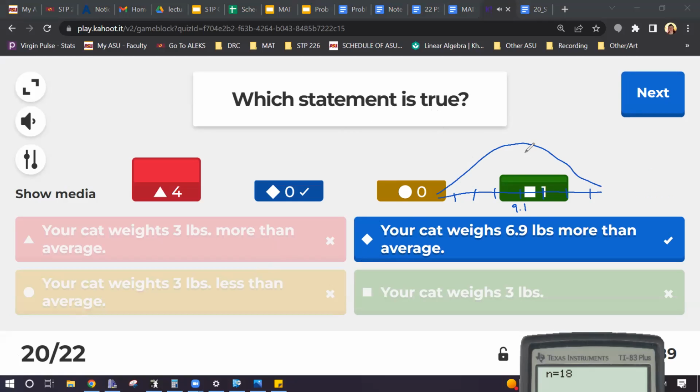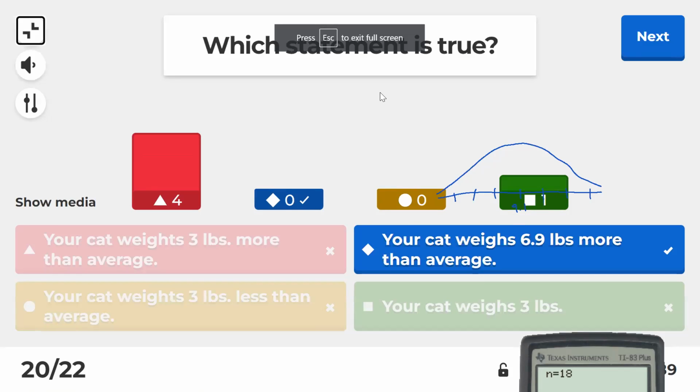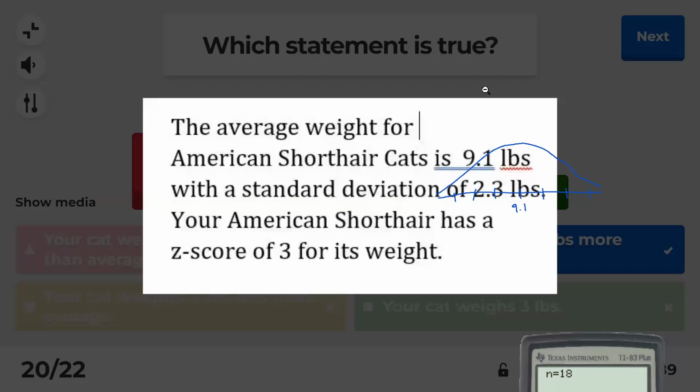All right, so if we're looking at this one, I'm thinking, my cat has a z-score of 3. A z-score is a number of standard deviations. So this is saying that it is 3 standard deviations, and it's a positive number, so 3 standard deviations above the average. Let me write that out.